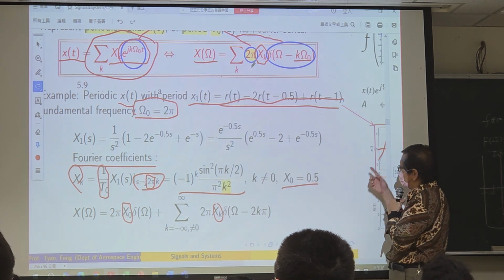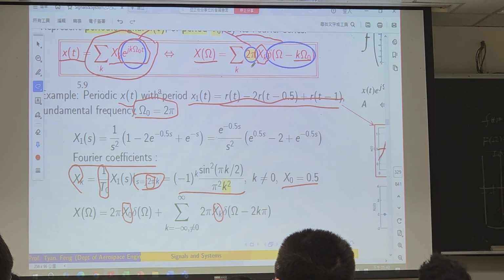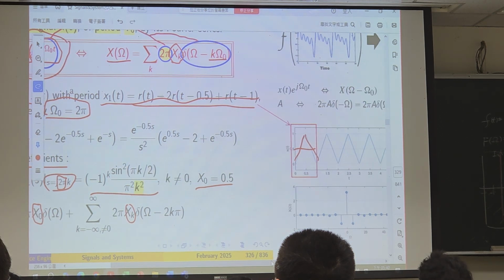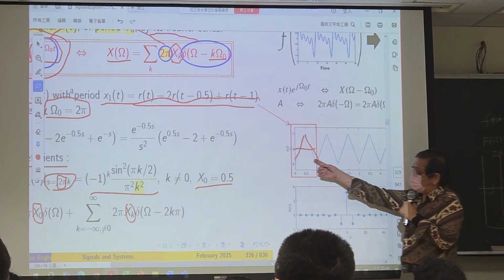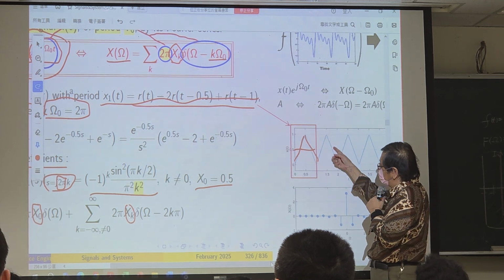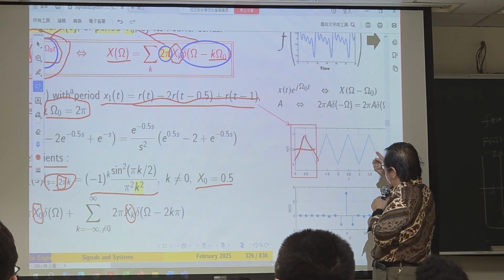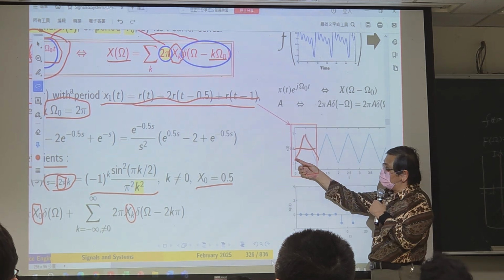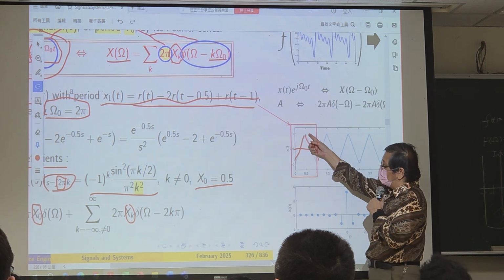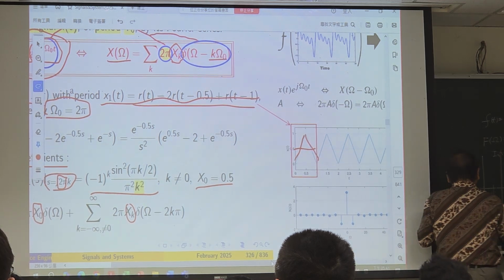Now, since this is one more example of differentiation here, this triangle function, you can see that it is continuous. But if you take the derivative, the first order derivative is not continuous.